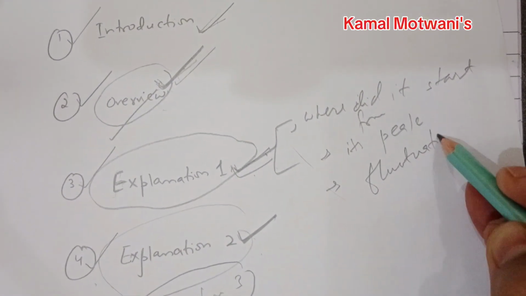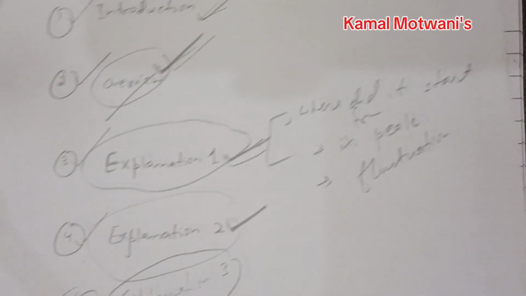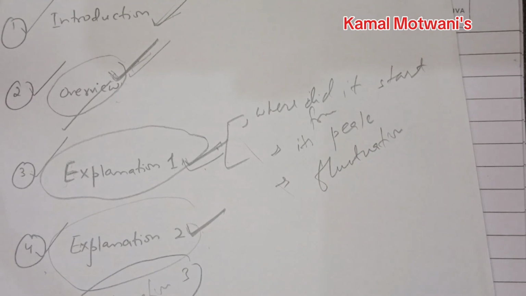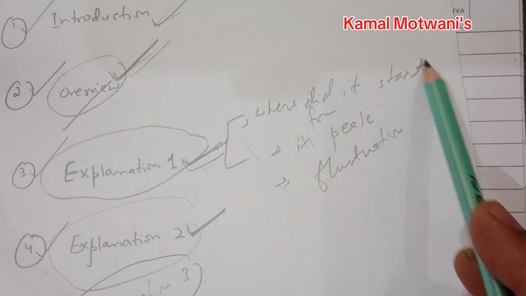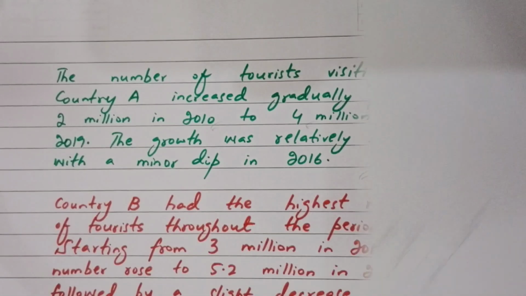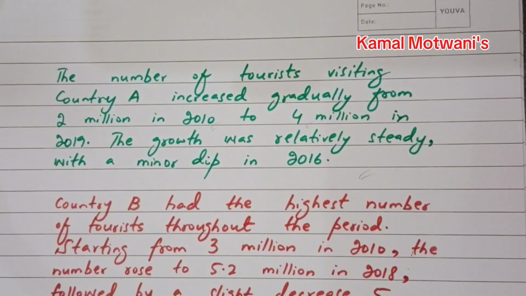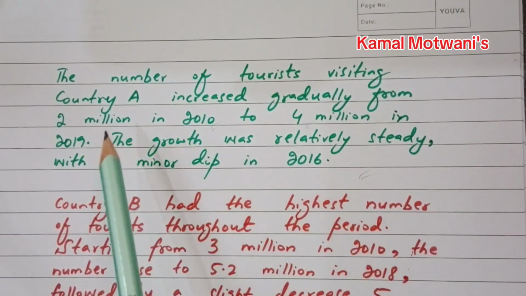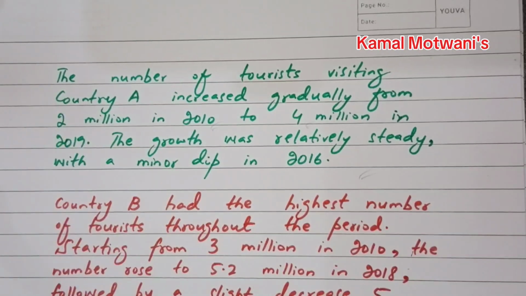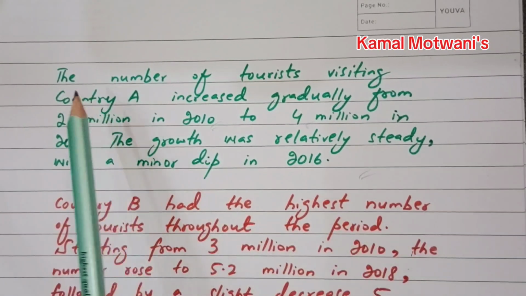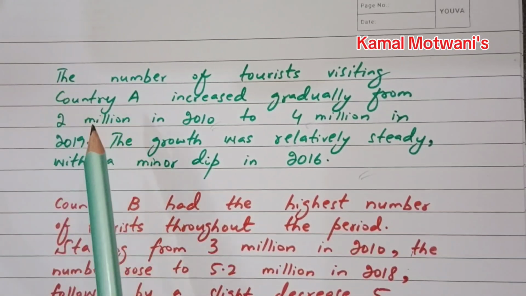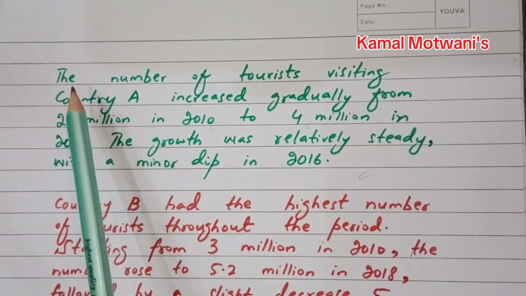These are three things that you have to write in a beautiful format, using beautiful jargon. That's it. So this is very easy to write in IELTS writing task 1. So let's see what I have written in the third paragraph regarding variable country A, in green ink. Let's read it.